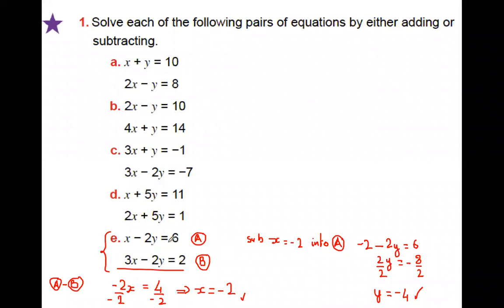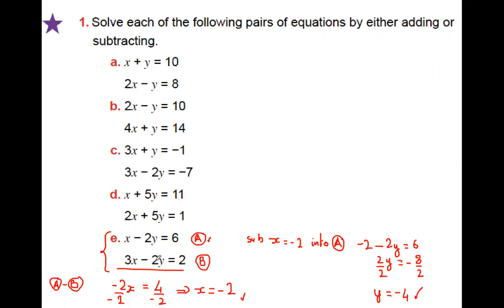So I'm going to quickly check that this solution works for both. So if I put -2 minus 2 times -4, which is +8, so -2 plus 8 is 6. So I know that works for this one. And 3 times -2, that's -6, plus 8.